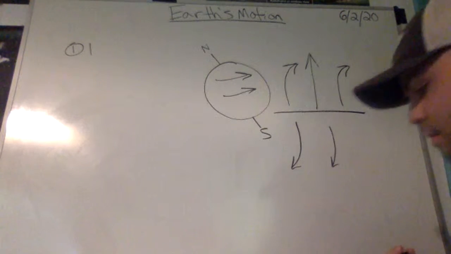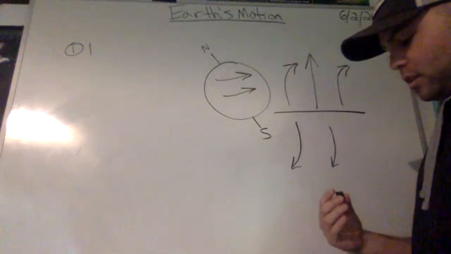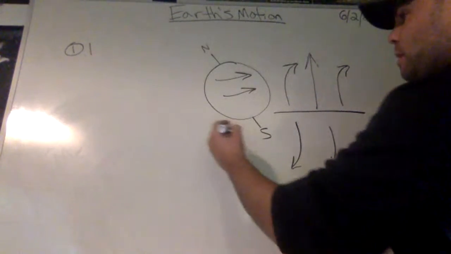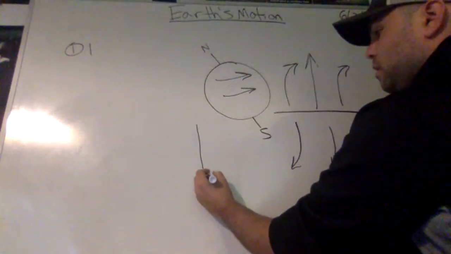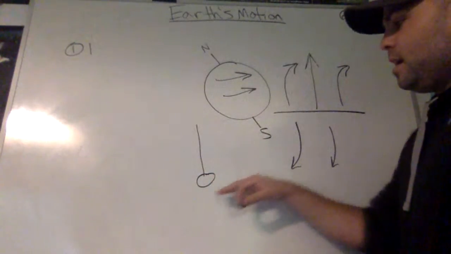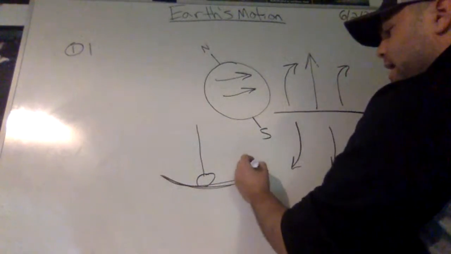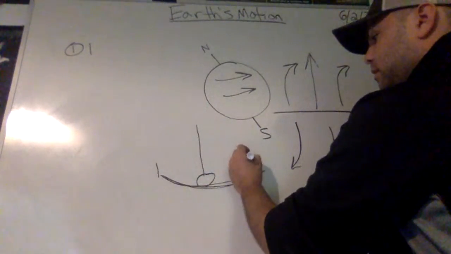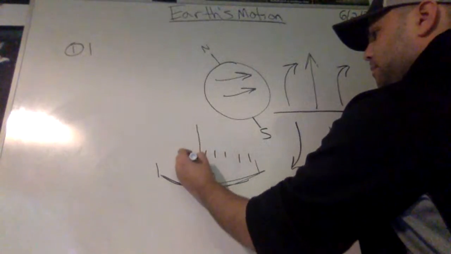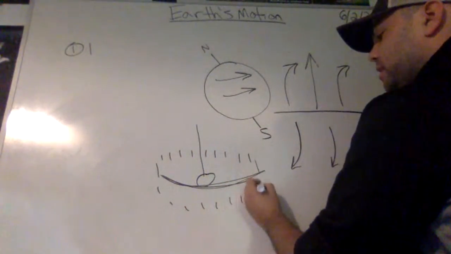Now, the next one, it says in 1851, Leon Foucault used a swinging pendulum. Okay, so the swinging pendulum, remember, that's the video that I showed you where you basically have the pendulum swinging back and forth and it knocks over the little pillars going around it in a circle.